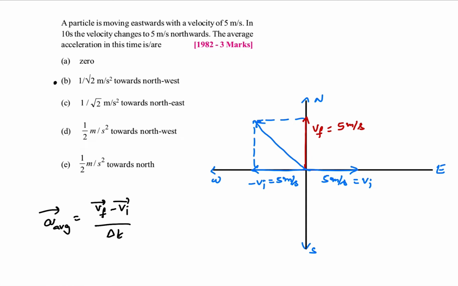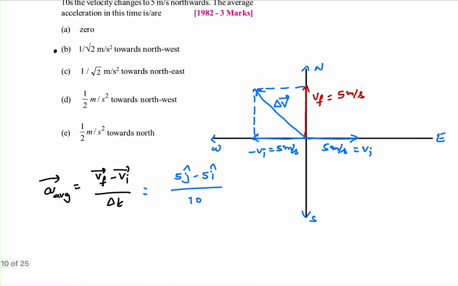It has to go like this. Whatever the change in velocity is, that is the change in velocity direction. Now final velocity we can write as 5 j cap minus 5 i cap, whole divided by the delta t value.